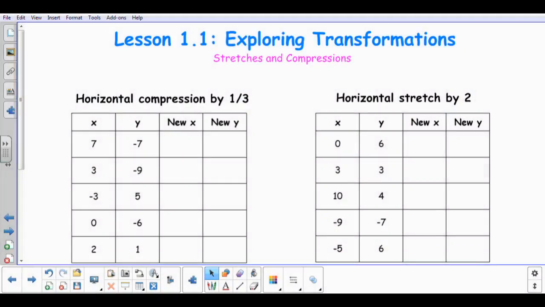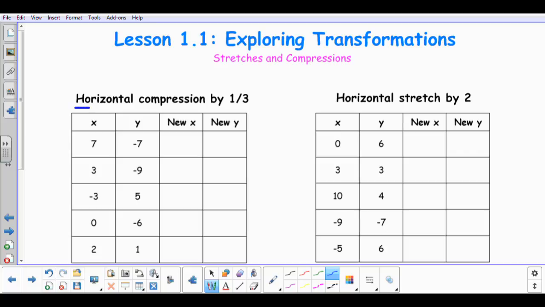When we stretch and compress points, it's all dependent on the direction, whether it's horizontal or vertical, and the value, whether it's a fraction that's between 0 and 1 or a number that is larger than 1. So here on the first slide, I have a horizontal compression by 1/3 and a horizontal stretch by 2.